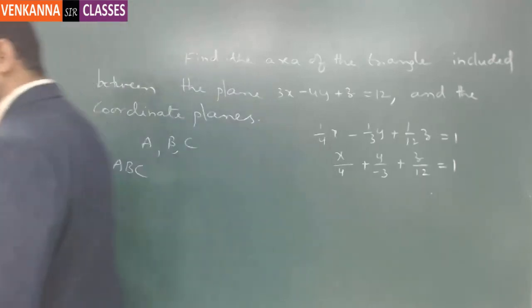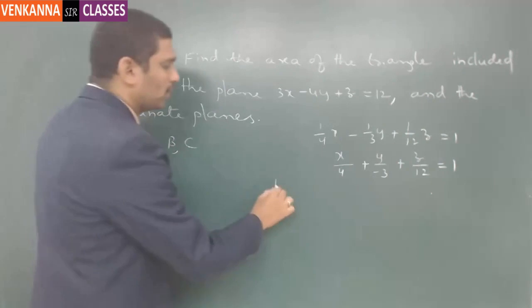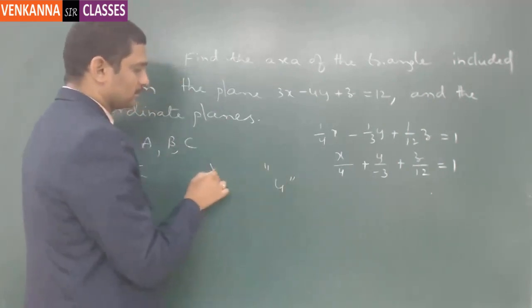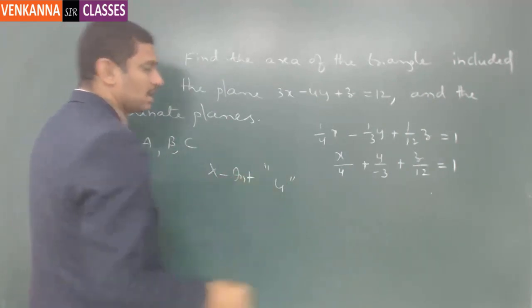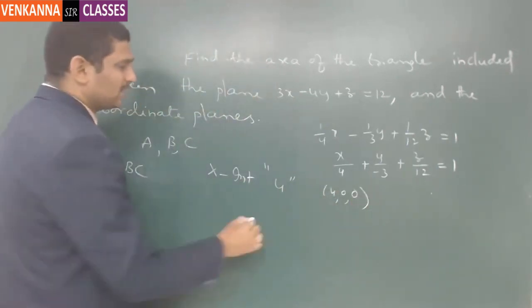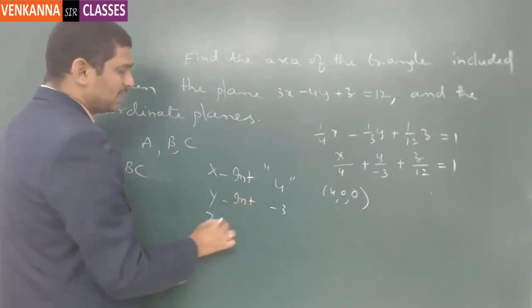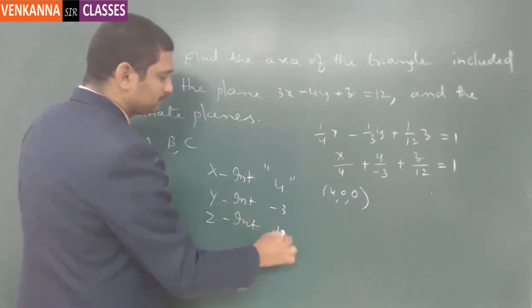Accepted? Yes or no? Hence, the x-intercept is nothing but 4, you can say 4, 0, 0 is the point. Y-intercept is nothing but minus 3. Z-intercept is nothing but 12.